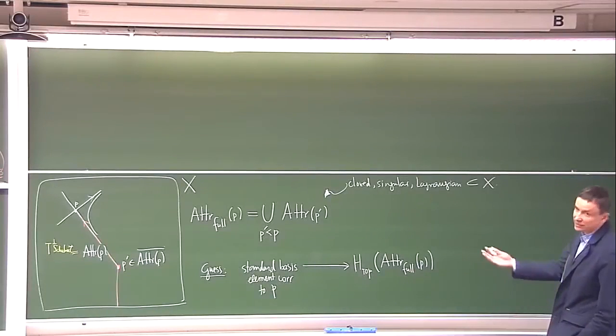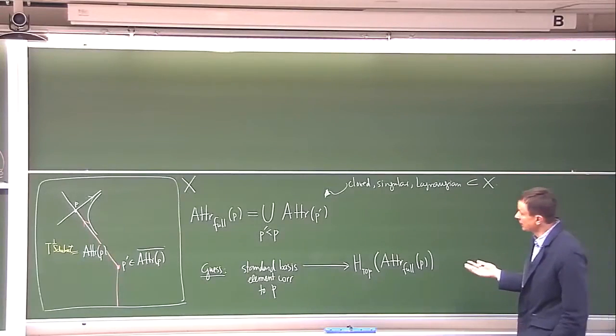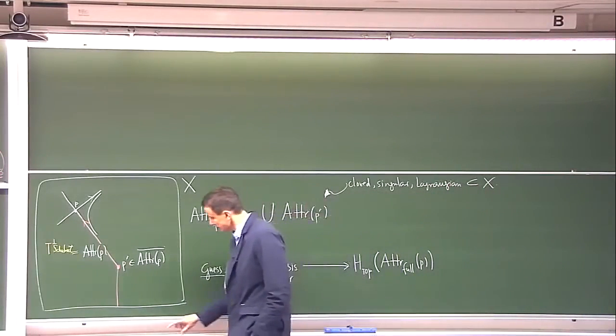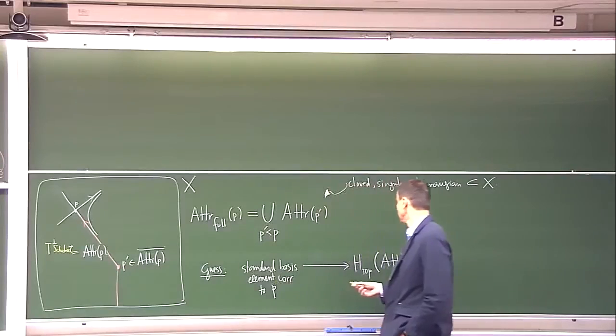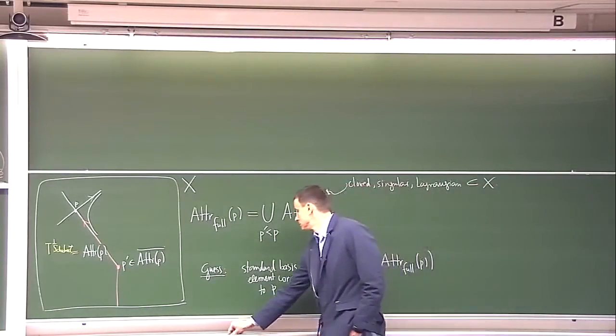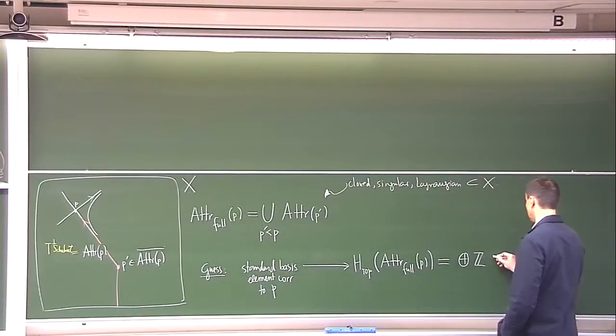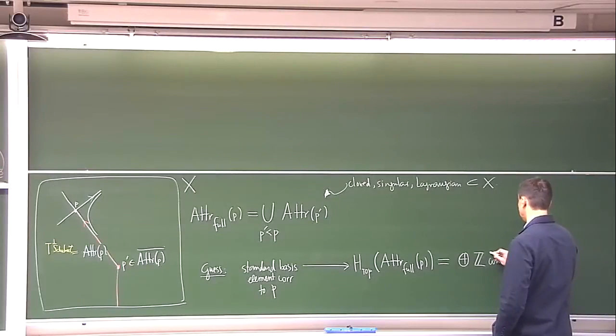And then, if this is a guess, we can verify it immediately. So how are we going to verify it? This is the direct sum of Z times the component classes.